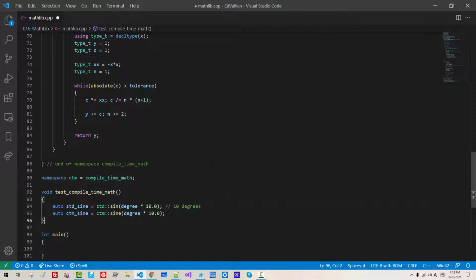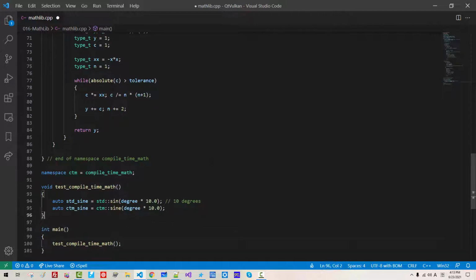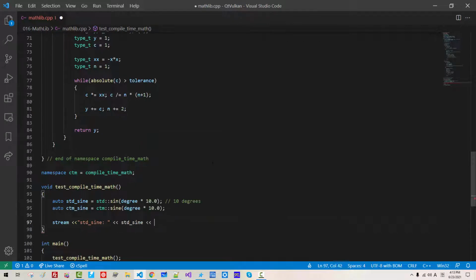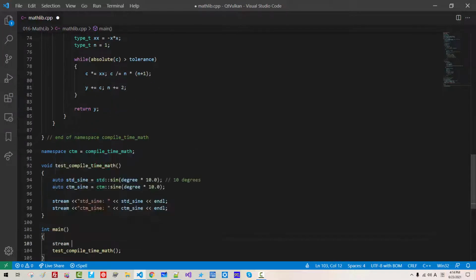Copy this, paste it here. Stream std sine and then paste ctm sine, stream std precision 15.